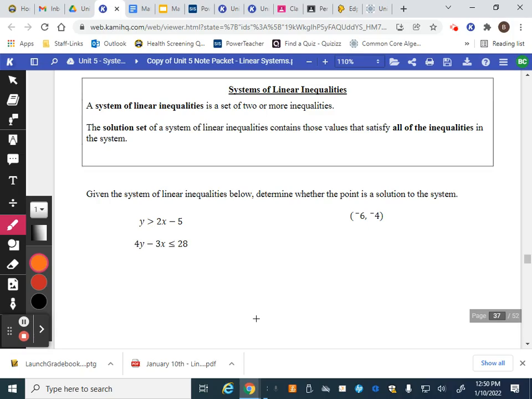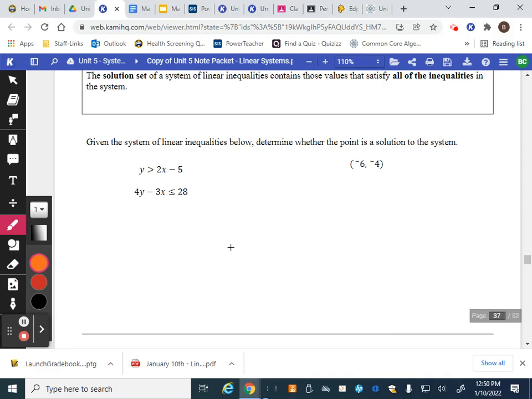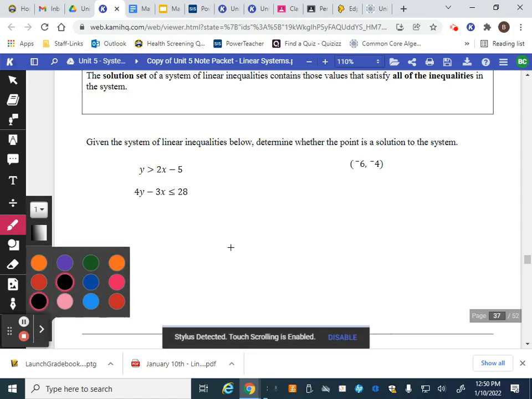So the first thing we want to think about, again, is what does it mean for a point to be a solution to a system of inequalities? This point, -6, -4, to be a solution has to fit both of the inequalities.